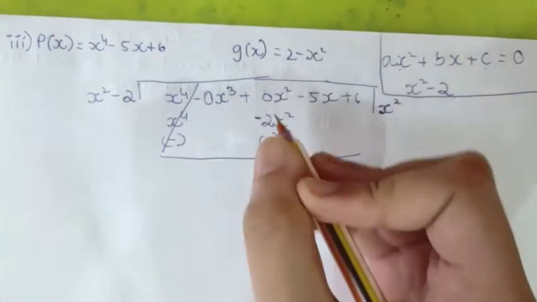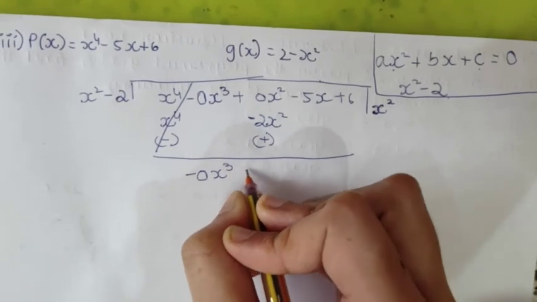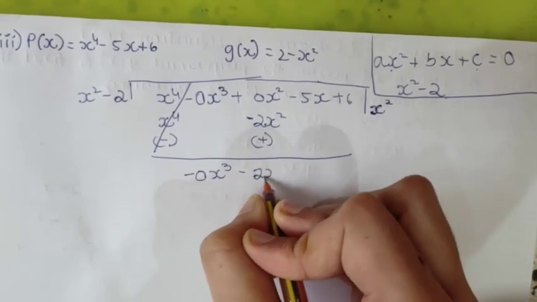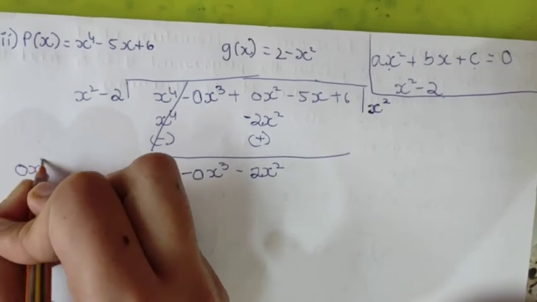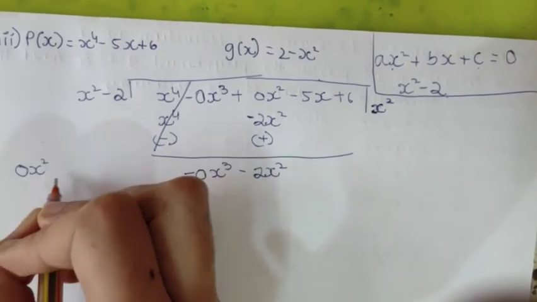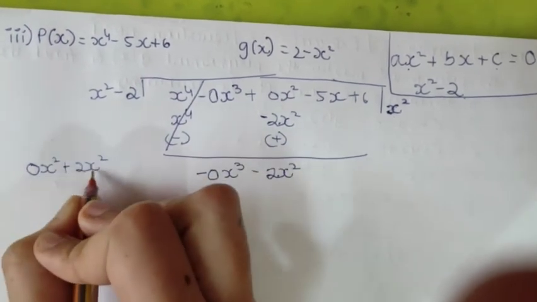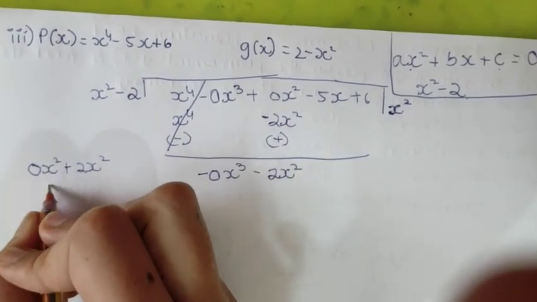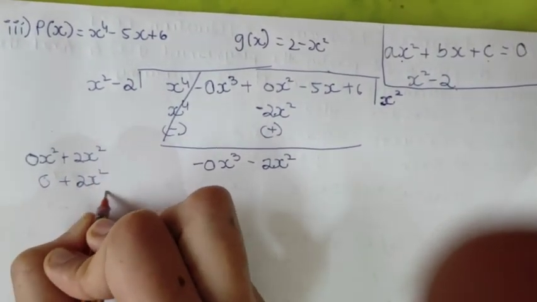And minus plus will cancel, and that becomes 0x cube and minus 2x square. So here how did minus 2x square come? 0x square minus 2x square, not minus, plus 2x square. Here we have 2x square.